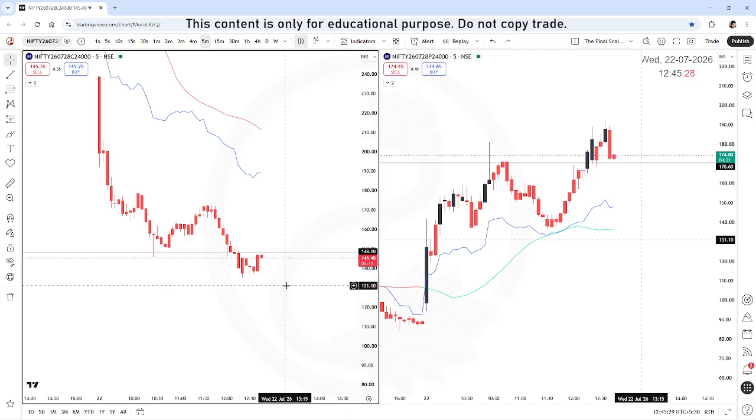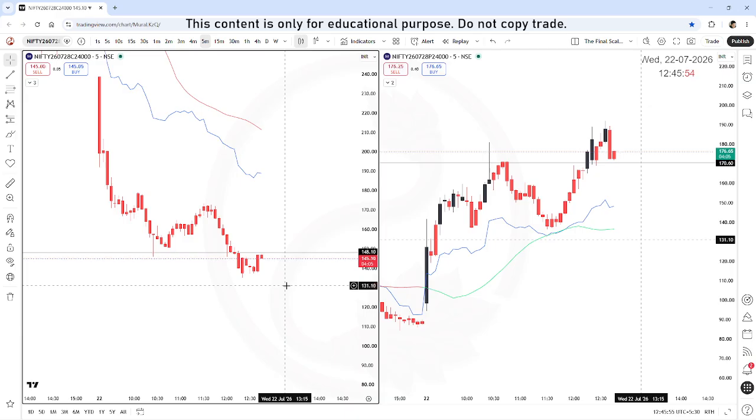One is we sell a put option. The second is we buy a call option. The third is we buy the Nifty futures contract, which is created by the exchange. And this is the fourth option that we can create on our own, where we sell a put option and we also buy a call option.